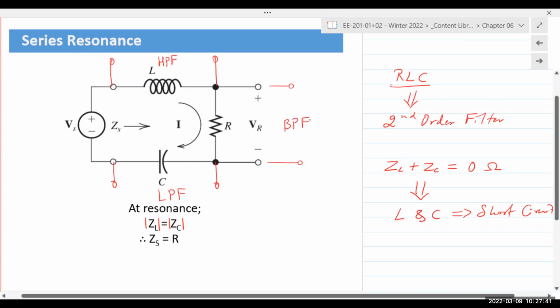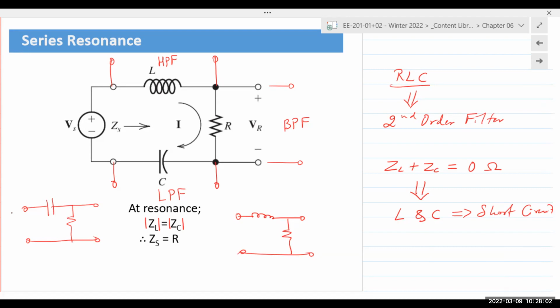So this is two filters combined in one, because if you remember, this was the RL filter. This was the RC filter. The schematic representation of the drawing does not matter. This is just for convenience because you want to take the output across the resistor.